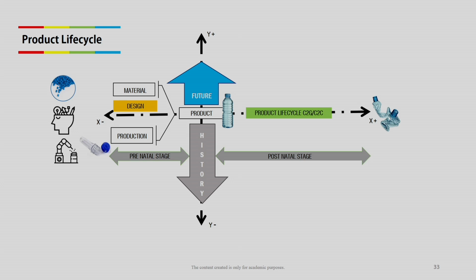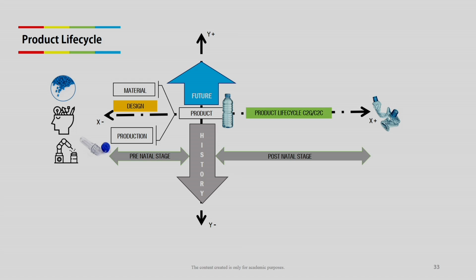After use there are two paths, one is upcycling, another is downcycling. If the material can be recycled and made into other products, then it is upcycling. If it is going to the dump yard, then it is downcycling. In the y axis you can see, on the positive side it is future, and on the negative side it is history.